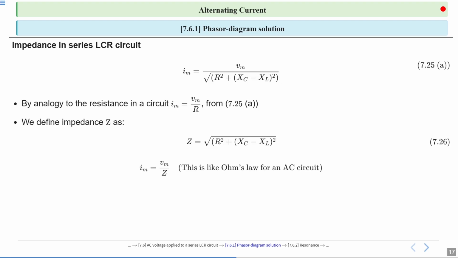So Im equals Vm upon Z. This is like Ohm's law for an AC circuit; according to Ohm's law, Im equals Vm upon R. Having derived the expression and taken the analogy, we conclude that the impedance Z equals root of R square plus (XC minus XL) square. Using Im equal to root 2 IRMS and Vm equal to root 2 VRMS, we can write this expression in terms of RMS values: IRMS equals VRMS upon Z.